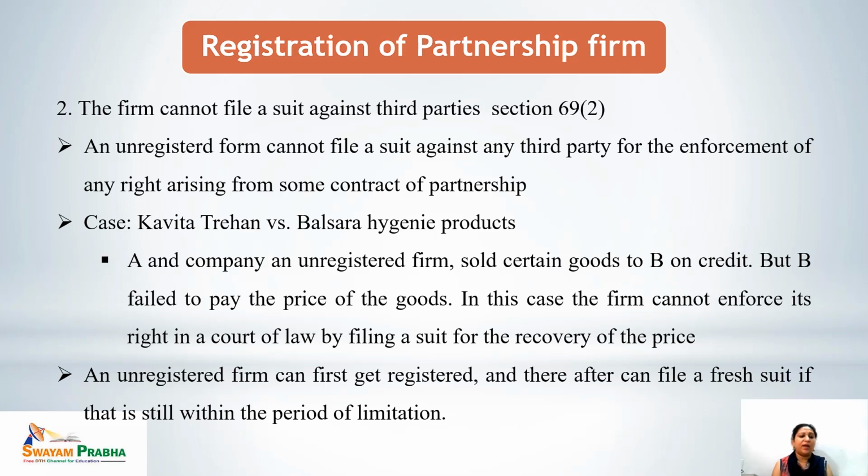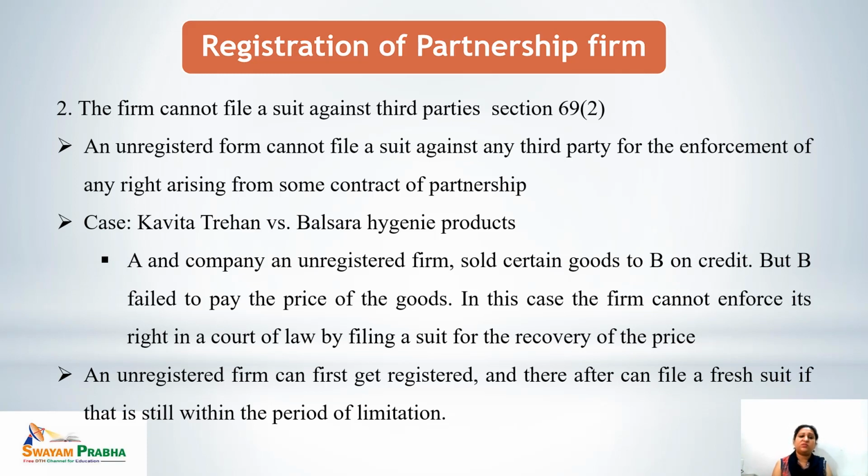In this case, what happened? A and Company, an unregistered firm, sold certain goods to B on credit, but B failed to pay the price of the goods. In this case, the firm cannot enforce its right in a court of law by filing a suit for the recovery of the price, because an unregistered firm cannot file a suit. An unregistered firm can first get registered.